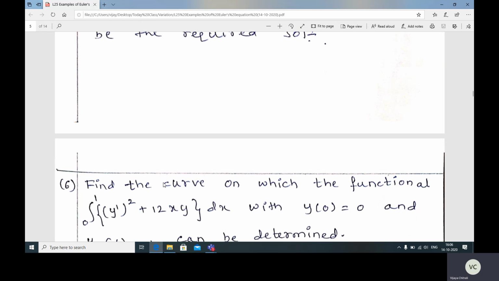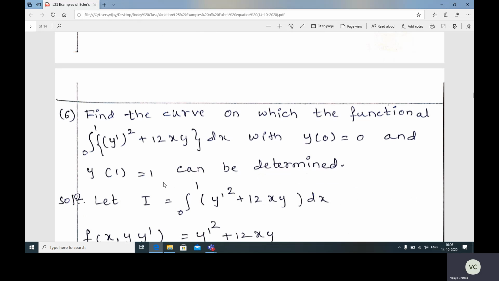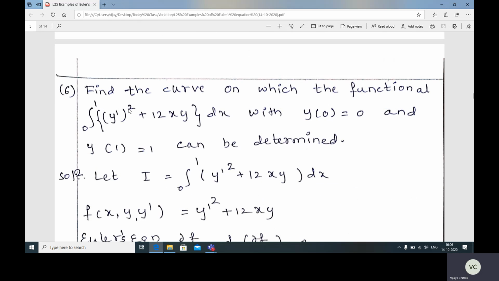Now move on to the next example. Find the curve on which the functional integral from 0 to 1 of y dash raised to 2 plus 12xy dx, with y of 0 equal to 0 and y of 1 equal to 1, can be determined. Here what is given?